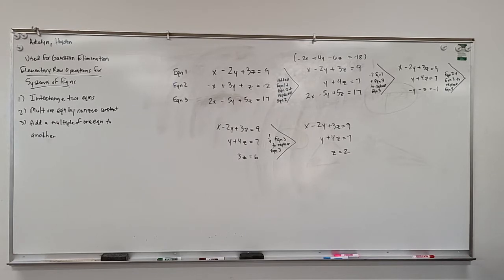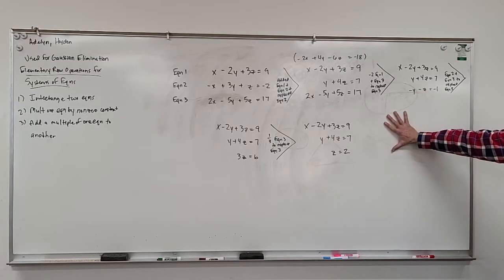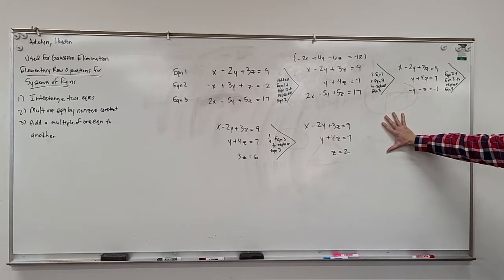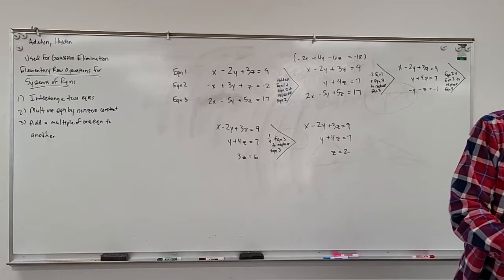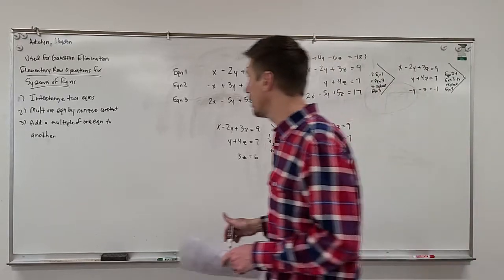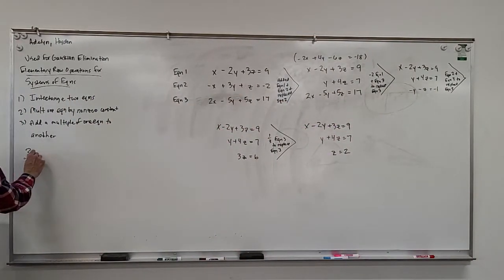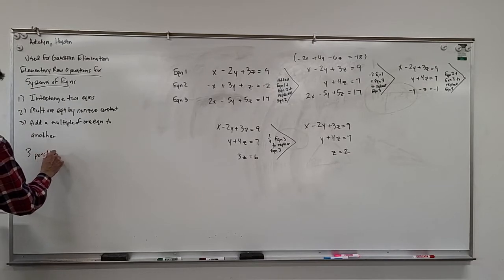All right, I don't want to run out of time. Just like we saw before when solving equations with only 2 variables, there are 3 possibilities when solving these, and the possibilities are exactly the same. So we're going to write that down. 3 possible solutions.